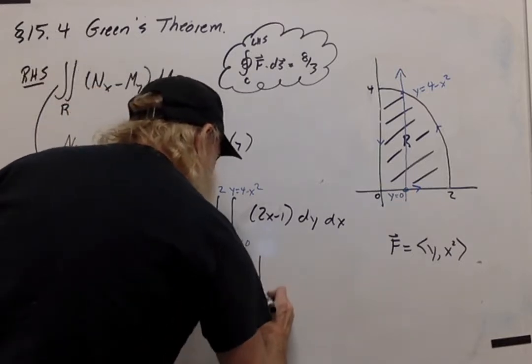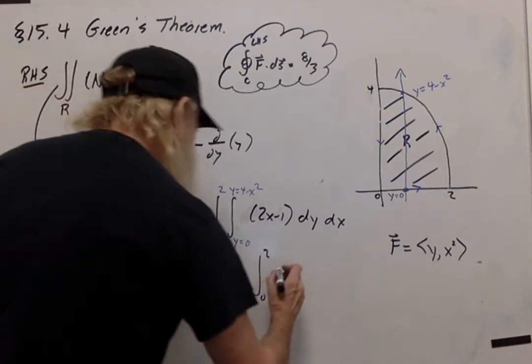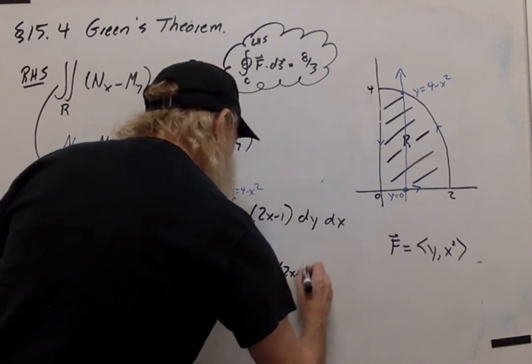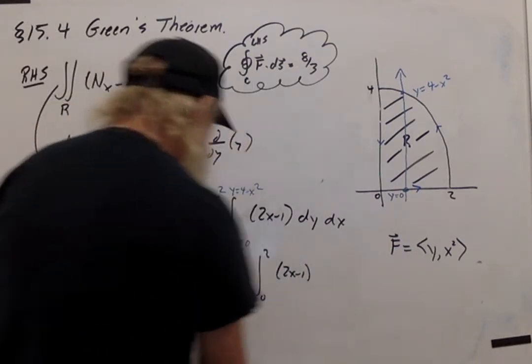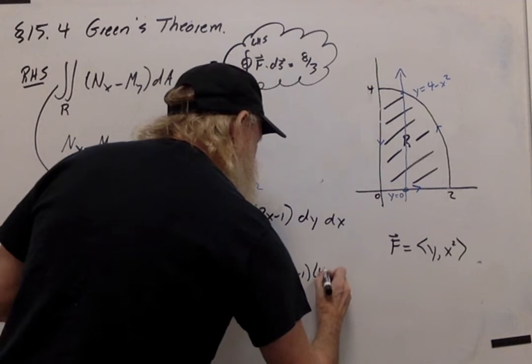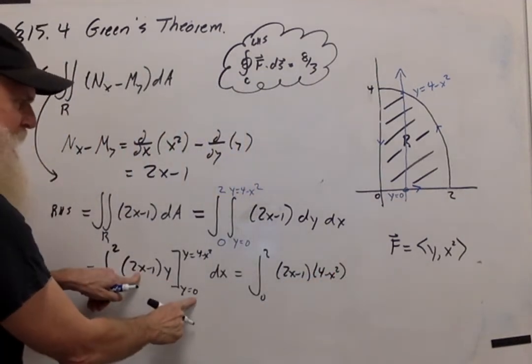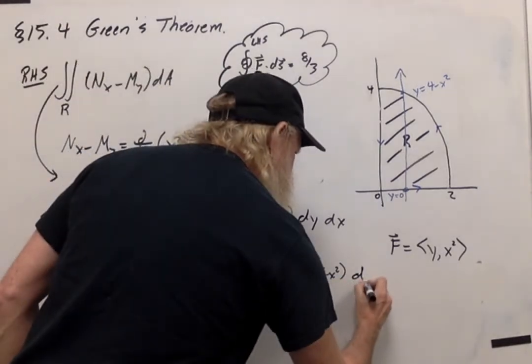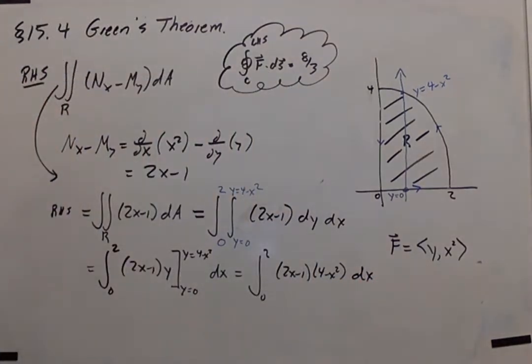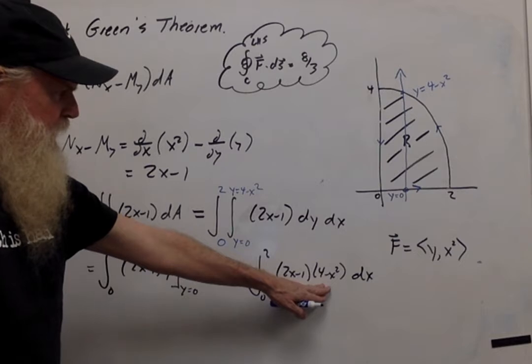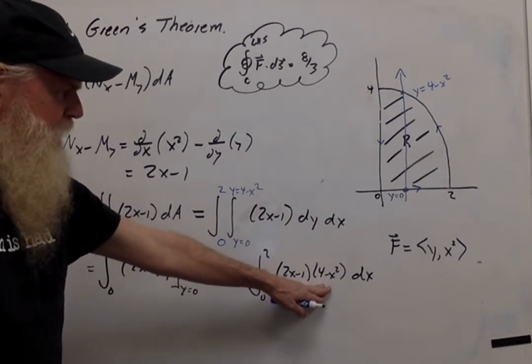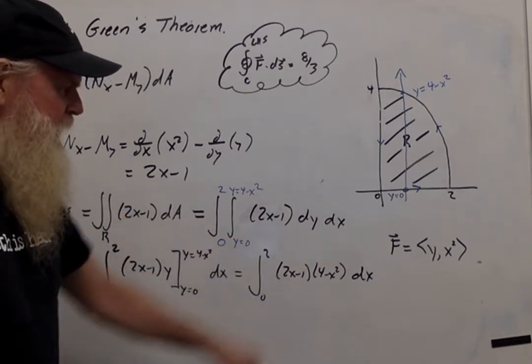This will be the integral from 0 to 2 of (2x minus 1) times (4 minus x squared) minus (2x minus 1) times 0. So now to finish integrating this, we need to multiply this out. So we'll FOIL it out, and then we'll integrate term by term.